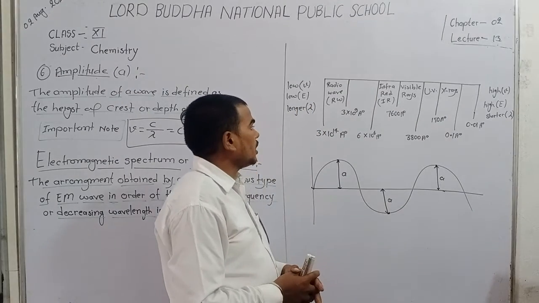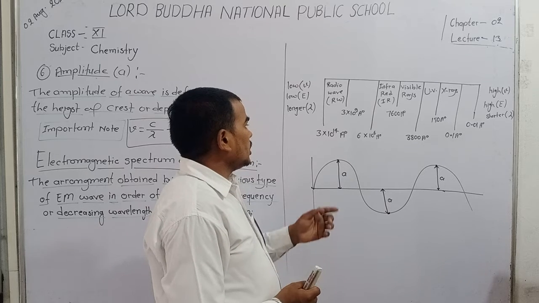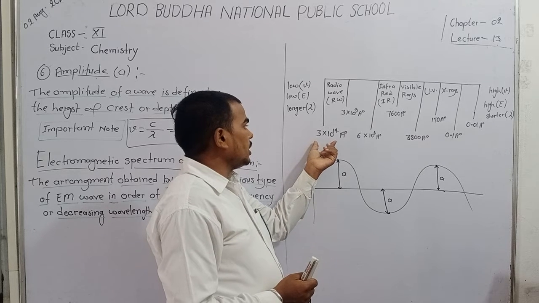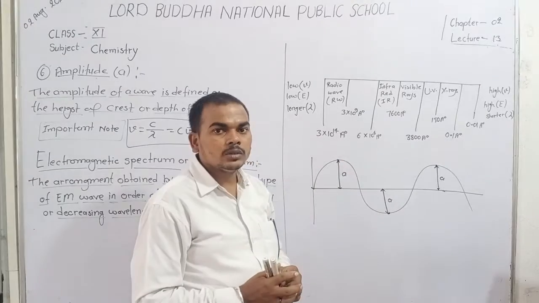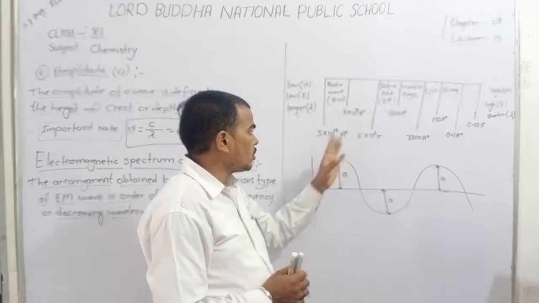For example, here the wavelength of some waves is given in angstrom.